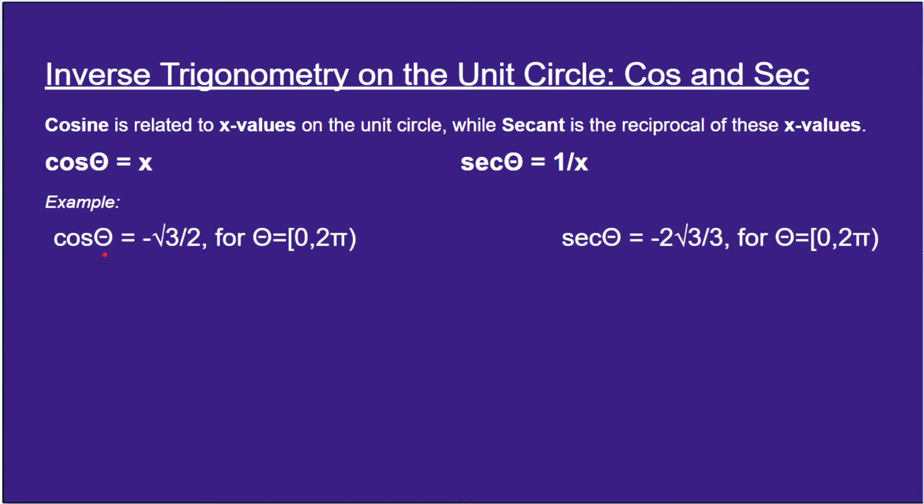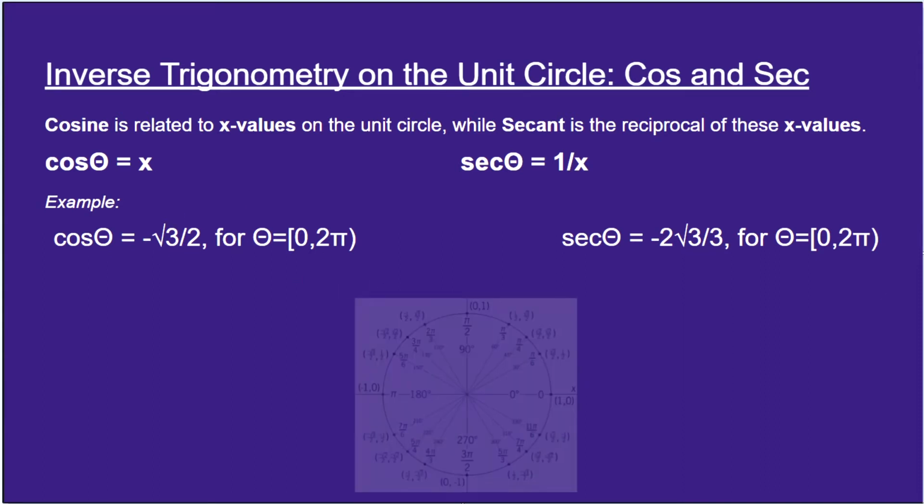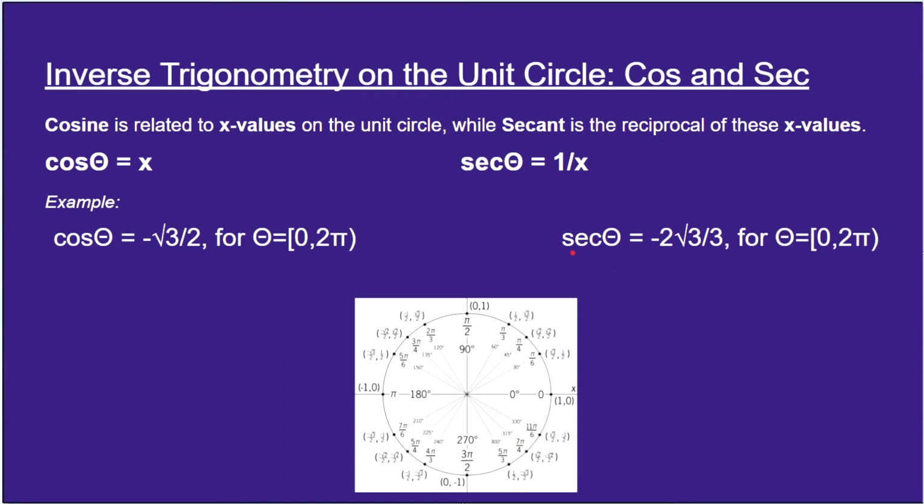What if I have that cosine of theta is negative root 3 over 2? Well, what I can do is I can once again use my unit circle and use this ratio that we have written here. So I'm going to replace cosine with x. I'm replacing cosine theta with x, by the way. And I get that x is negative root 3 over 2.